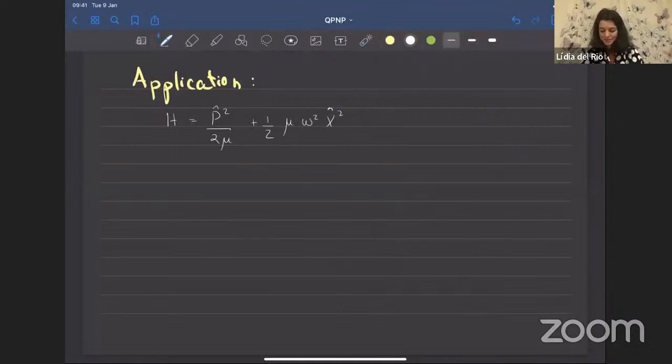And the goal is to write it as h bar omega times N plus identity over 2. Okay, so how do we do this?